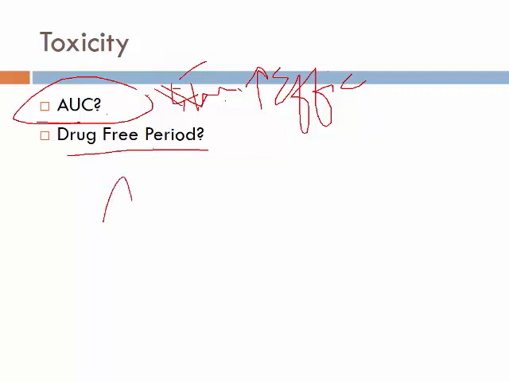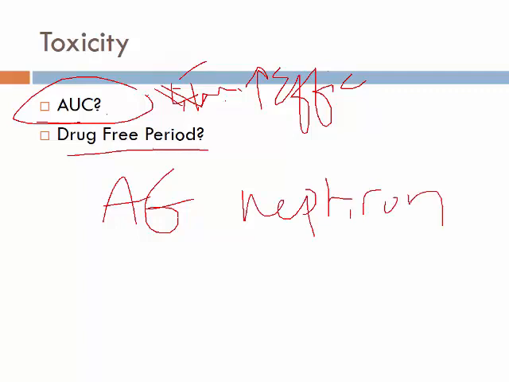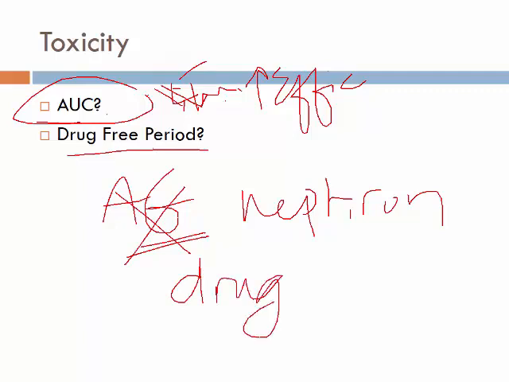So for example, with aminoglycosides, they attack the nephron, specifically the cells that line the proximal tubule, and aminoglycosides will go in there and kill those cells. So if you stop the aminoglycoside and give a drug-free period, those cells can regenerate and you can avoid some toxicity that way.